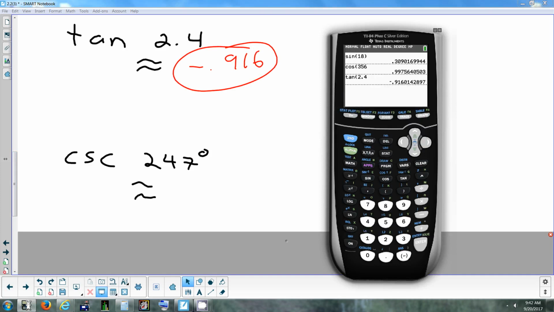And now, does the calculator have a button that says CSC? No. So the way you have to find it is exactly the same way we've been finding it all week. How do you find the cosecant? What do you do first? Find the sine first. Okay, so there's the sine of 247. And what do you do with that?